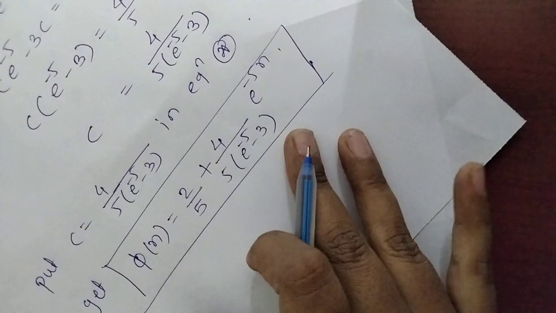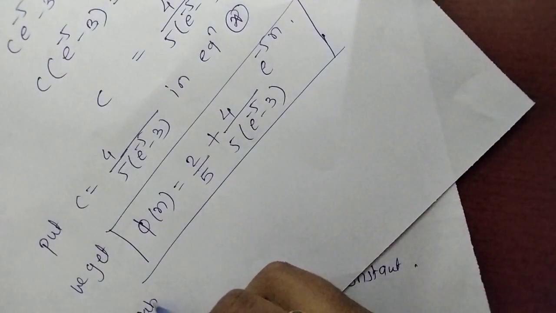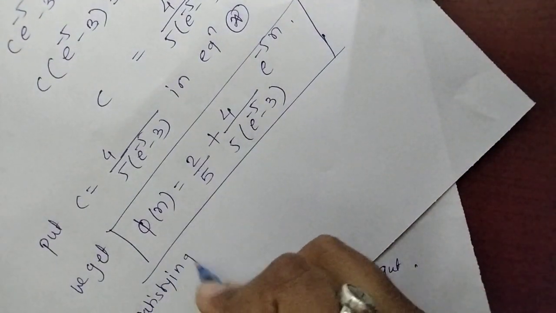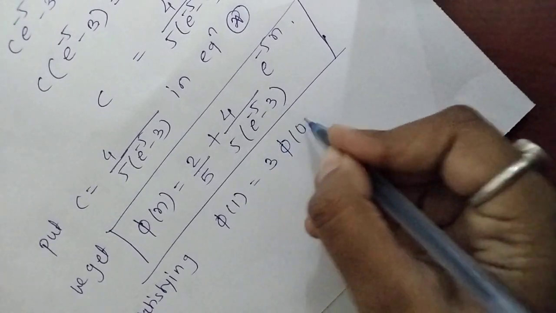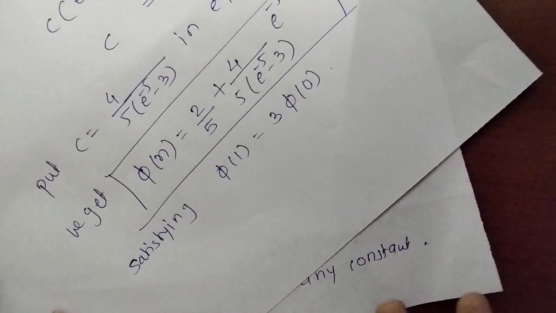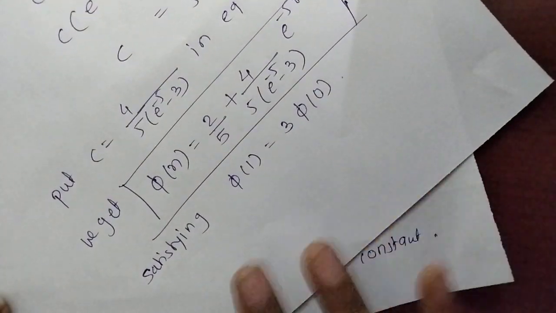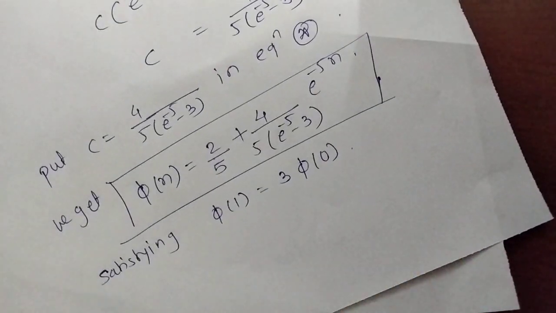So this solution satisfies phi of 1 is equal to 3 into phi of 0. Here we stop.